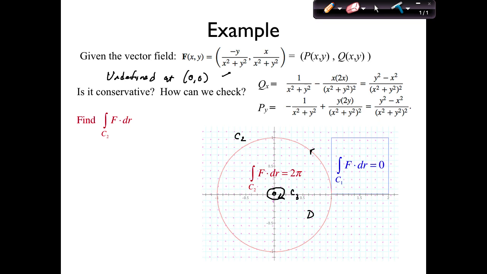So how do we do that? We need to parameterize that path. This is going to be R3. It's going to be cosine, sine, but the radius is going to be really small, so we'll just call it capital R for now. So capital R cosine t, imagining capital R is really small, capital R sine t.